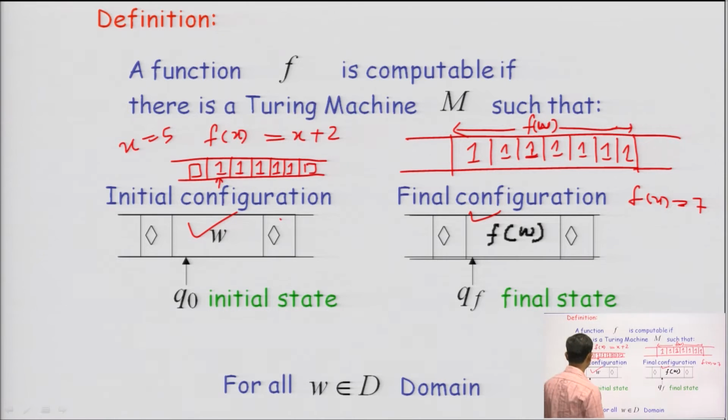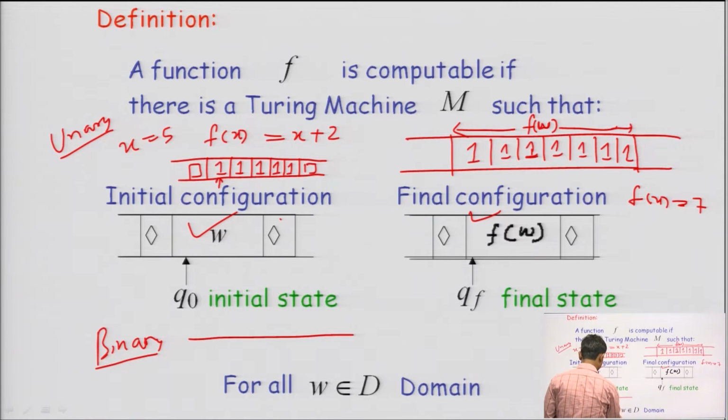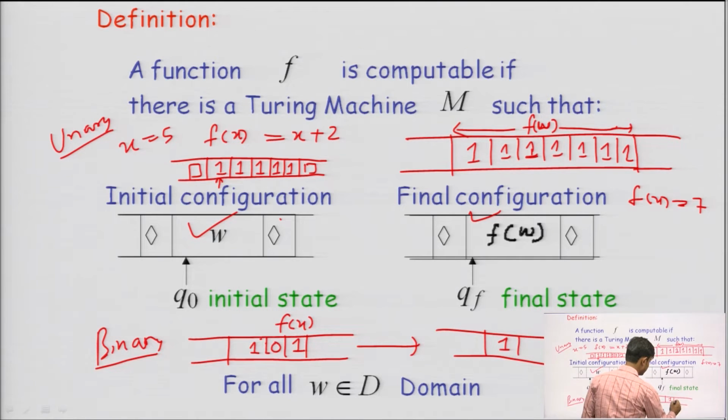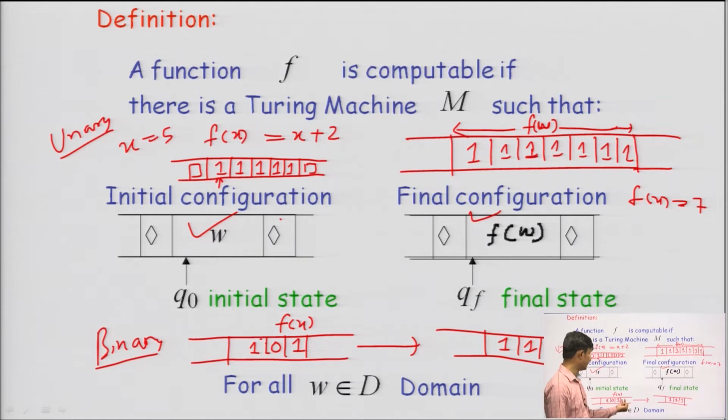Here we took unary input alphabet, and if we take binary, the input is 101 and f(x) is 111, which is 7. For the 2, you can take a string like 10 with a space in between, or some mark symbol to mean this is the x, and then after that take the 2.